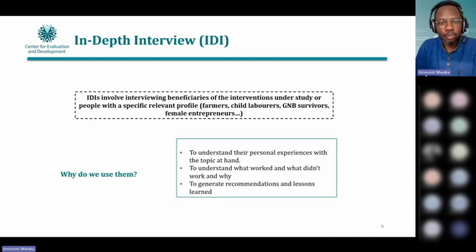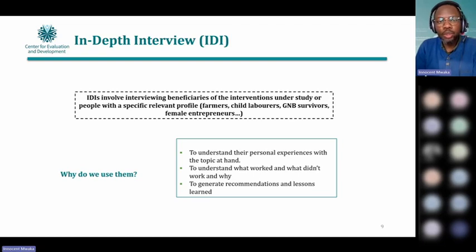So, for example, how the day-to-day implementation has been carried out, what they've observed as some of the outcomes and some of the challenges, and indeed in different cases they have more to talk about on such topics compared to the government officer who is based at the capital.